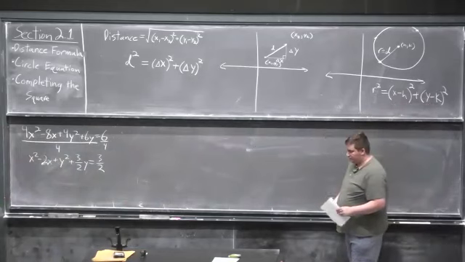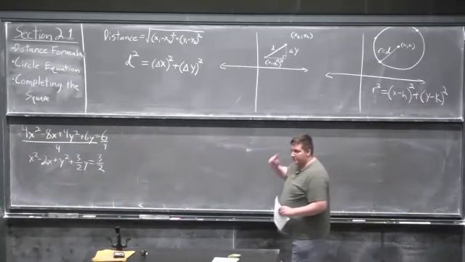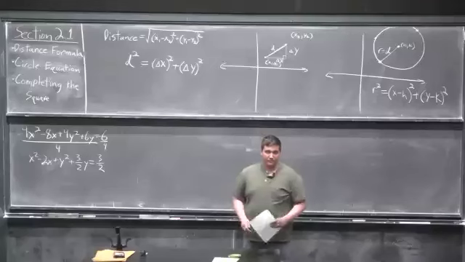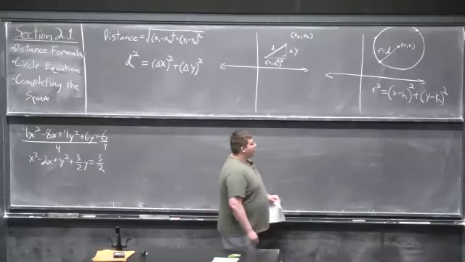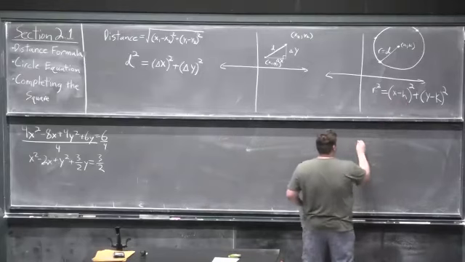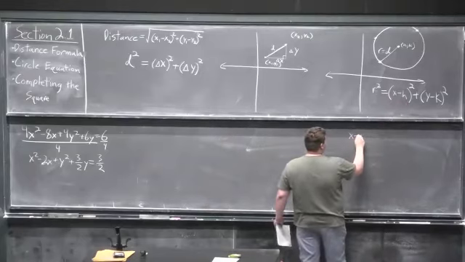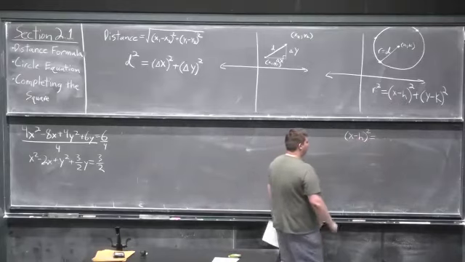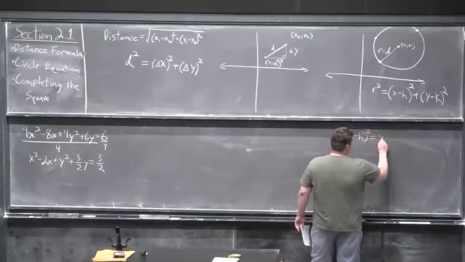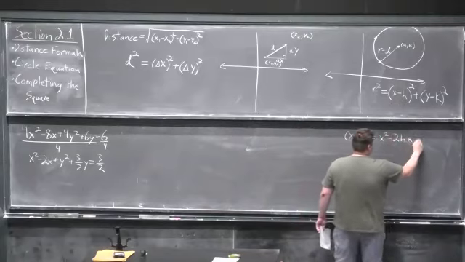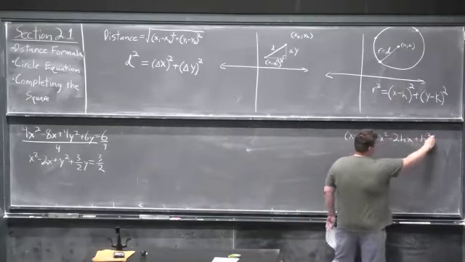Well, in order to get it into that form, we're going to have to use something called completing the square. Now, if I was to take x minus h, I'm going to have x minus h squared, and I'm going to say that that is equal to x squared minus 2hx plus h squared.